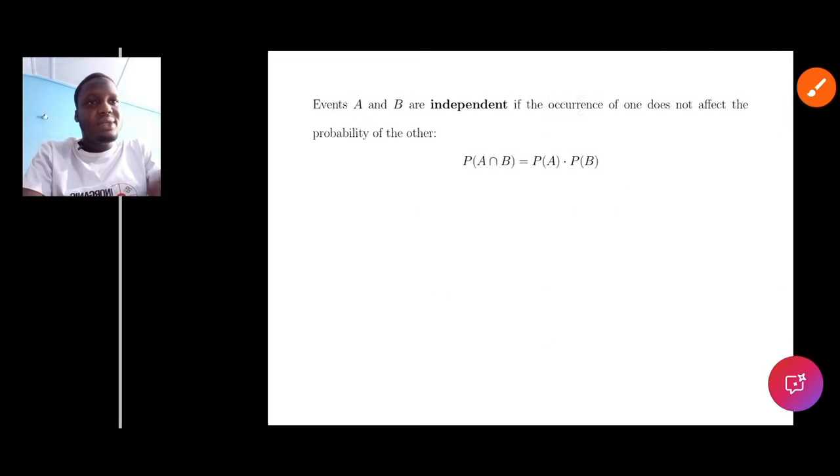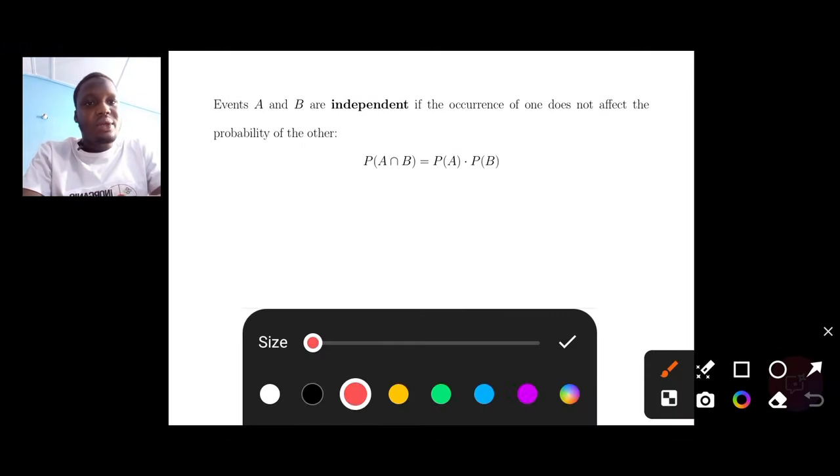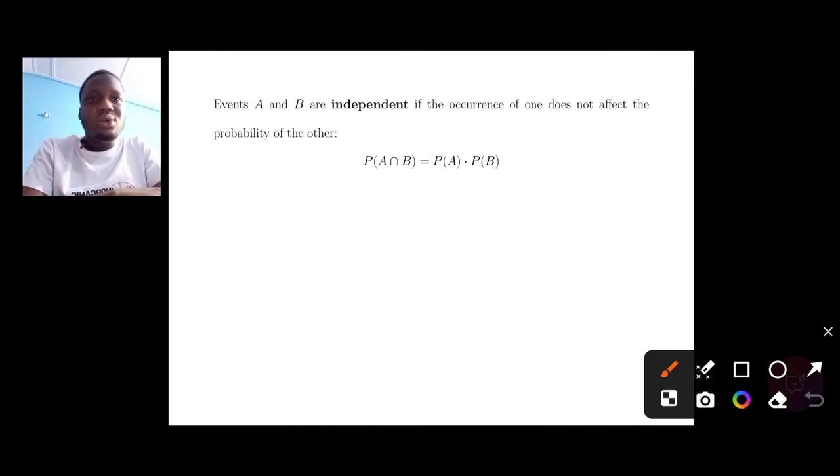Good. Let's proceed to the next item, which is independence, which is very, very important in probability and statistics. Okay, so we say two events are independent. It doesn't mean they can occur at the same time, or it doesn't mean they cannot occur at the same time. Maybe they cannot, maybe they can. That is not the matter.